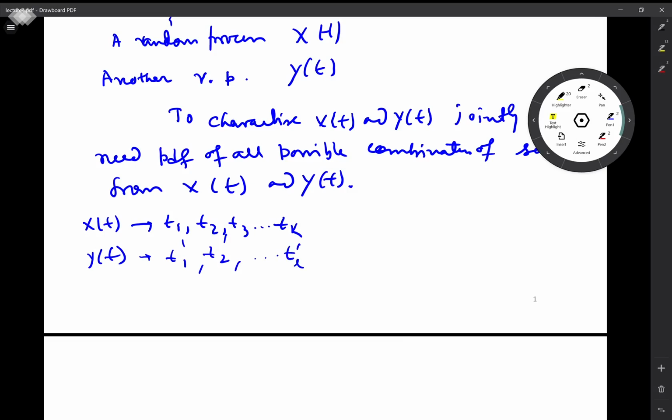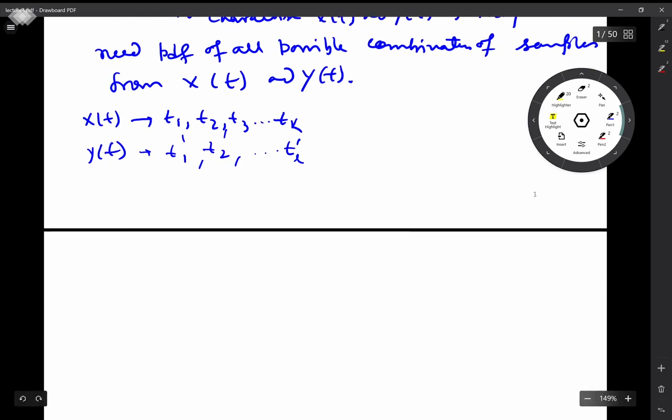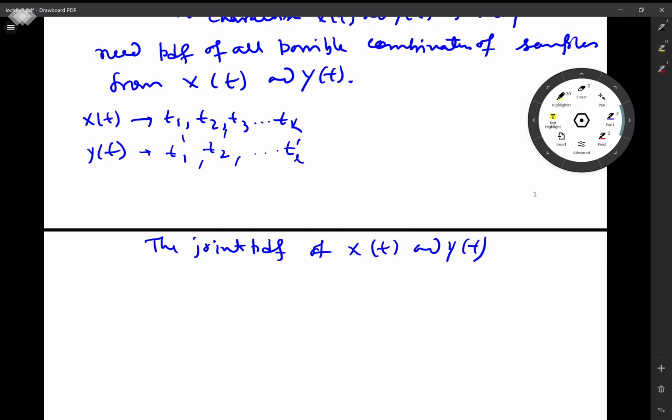Then we need to know the joint PDF of xt and yt at those times.